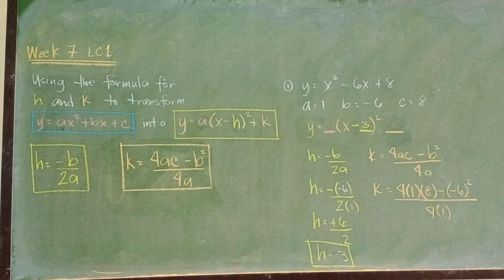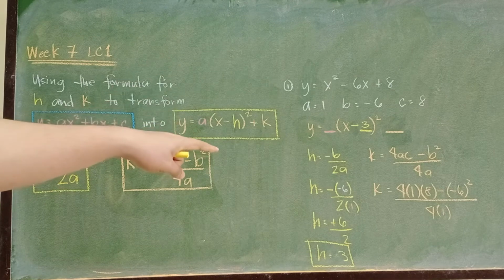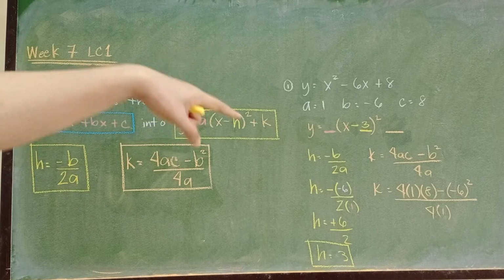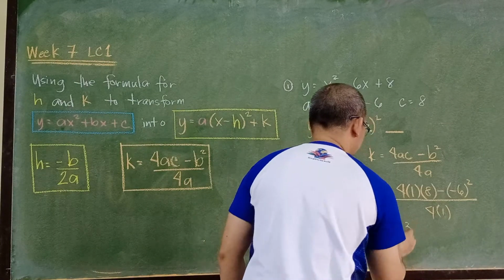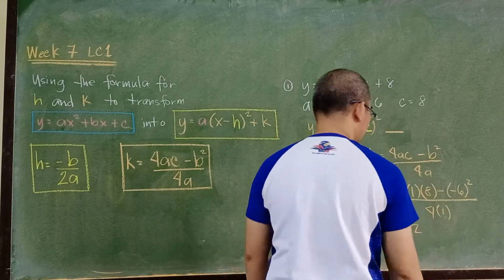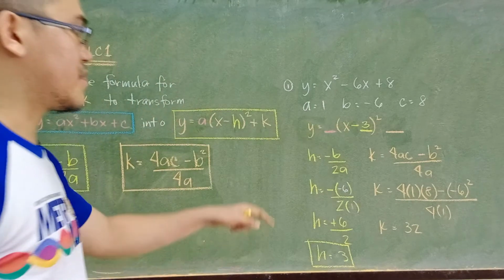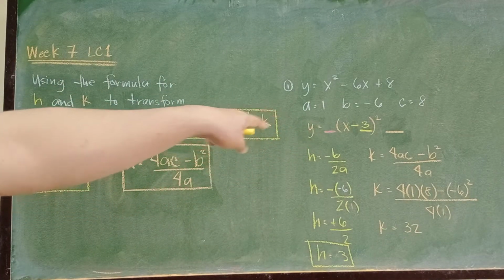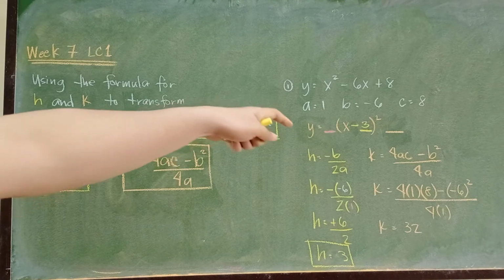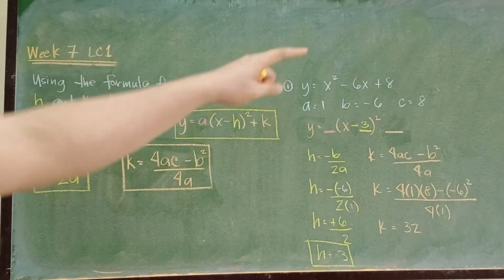Now we simplify. 4 times 1 is 4. 4 times 8, that is 32. Next, this time hindi mo pwedeng i-multiply yung dalawang negative sign para maging positive. Kasi kailangan mo munang unahin yung exponent.